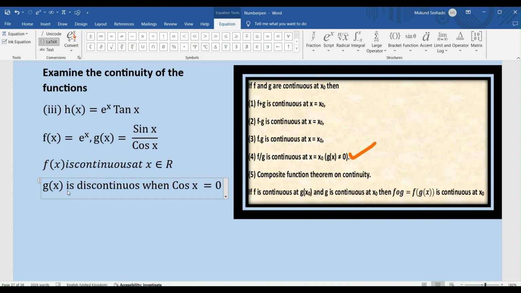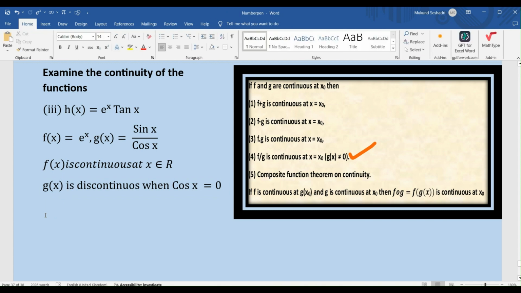So we know when cos of x equals 0. The function is discontinuous at points wherever cos of x equals 0. We know that cos of 0 is 1, cos of pi by 2 is 0, and cos of pi is also a finite number. And cos of 3 pi by 2, an odd multiple of pi by 2, is again 0.